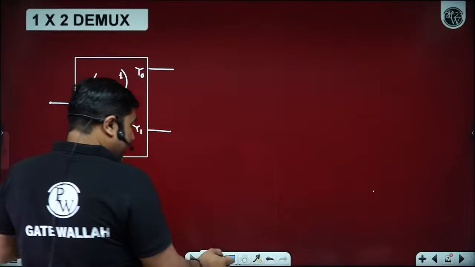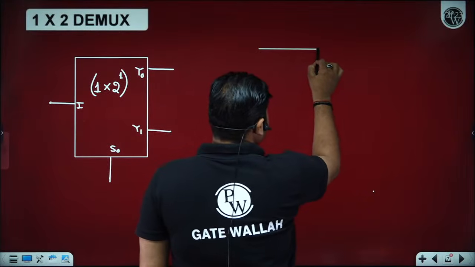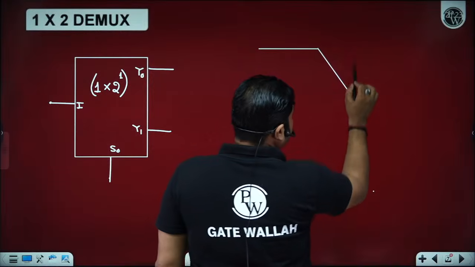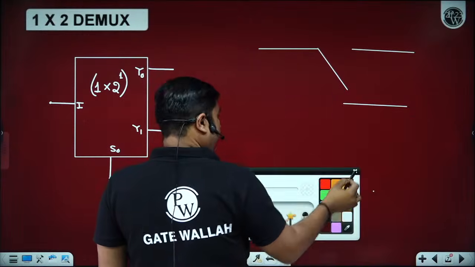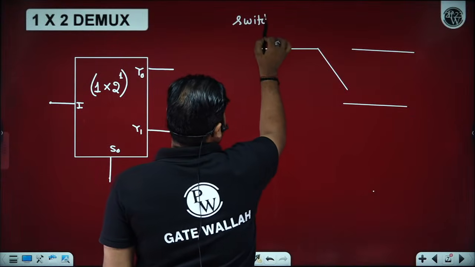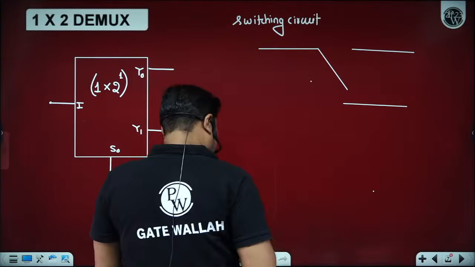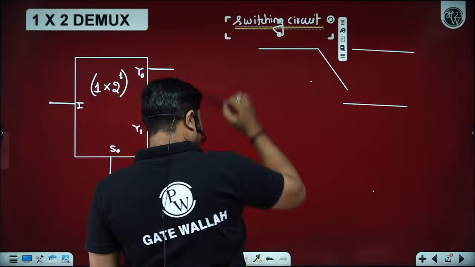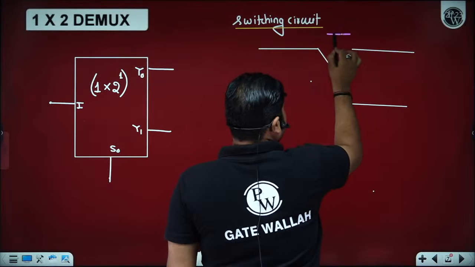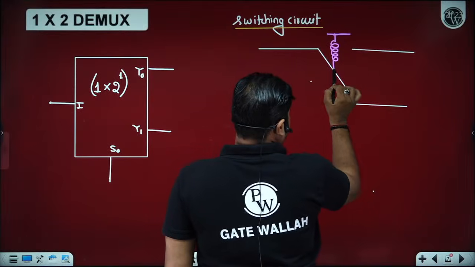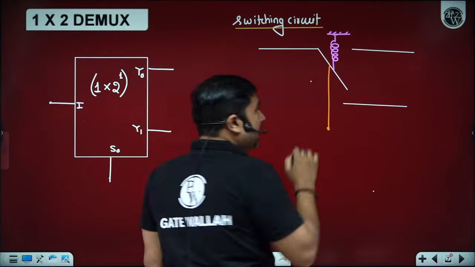In order to understand the functioning of the demultiplexer, we need to understand its switching circuit as well. So let's talk about switching circuit. It can be represented in this way. So we have a string and a spring.